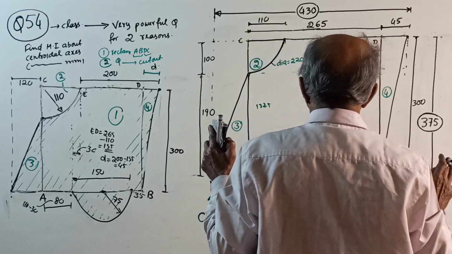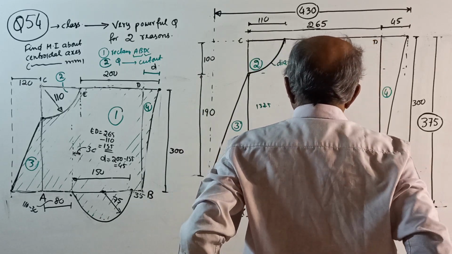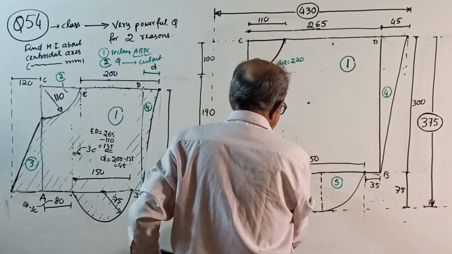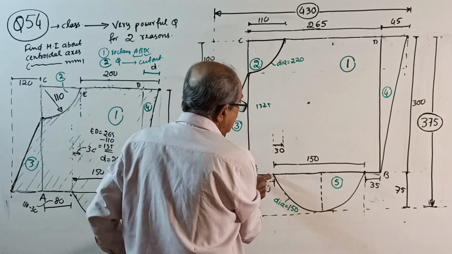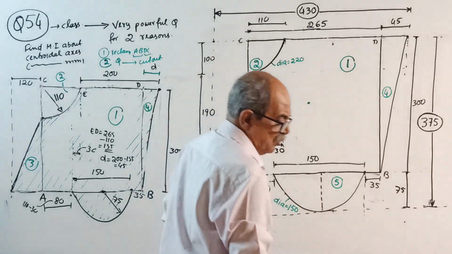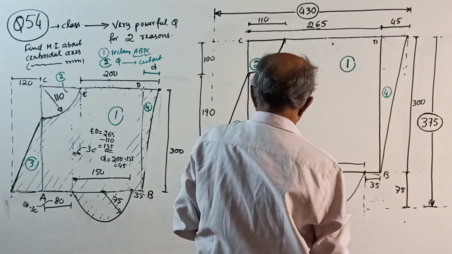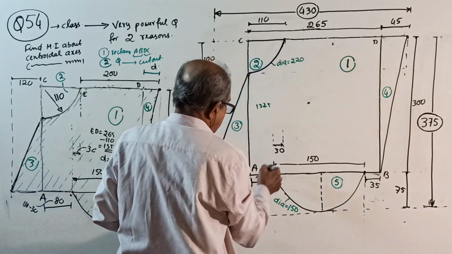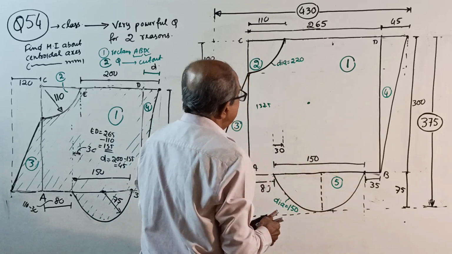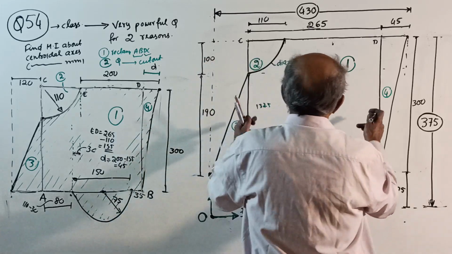Let me see. A little out of scale. If this is 35, this 80 should have been made a little more. I think now I cannot change the sketch. 110, 80, 30. Now I can't change 80 and 30. Such things, we are helpless. So I will do one thing.